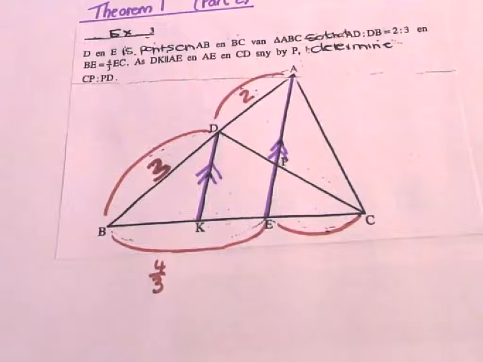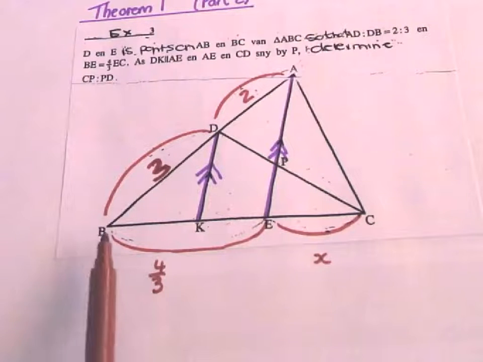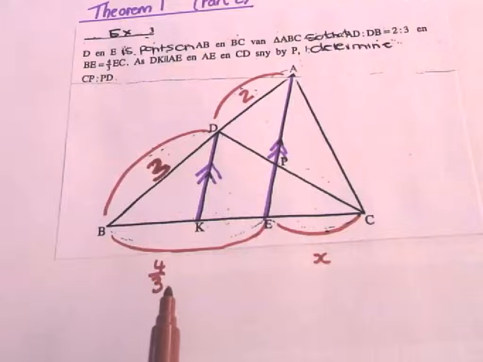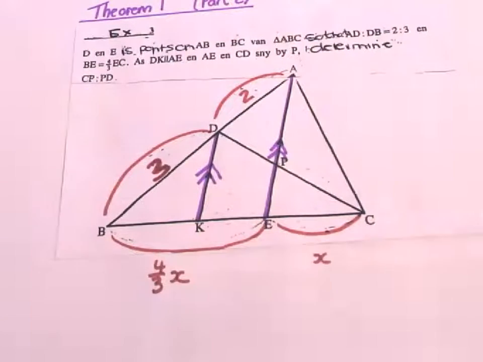They don't tell us what EC is, so let's make it X. And they tell us that BE is 4 over 3 times EC, so it's 4 over 3 times X.